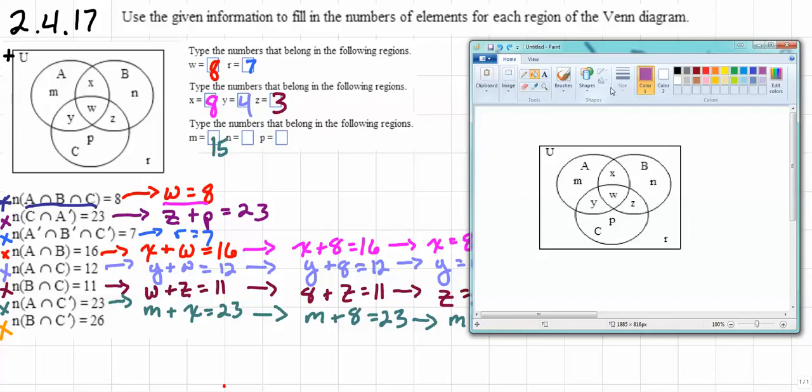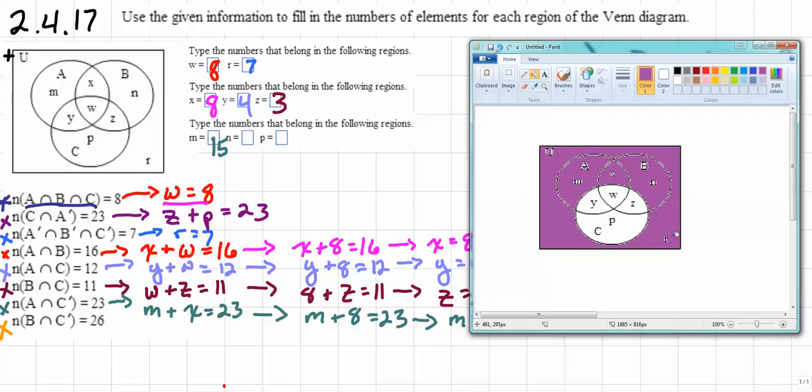Once again, I want to use the fact that C complement is everything that's outside of C. And then we're going to talk about B. B is everything in this circle. And where do the two intersect? Well, the two intersect here and here in regions X and N.